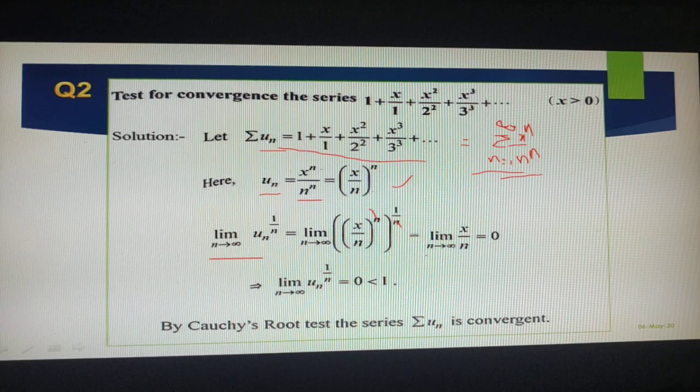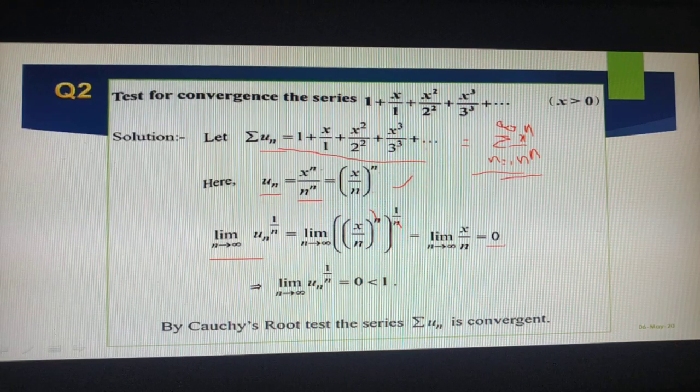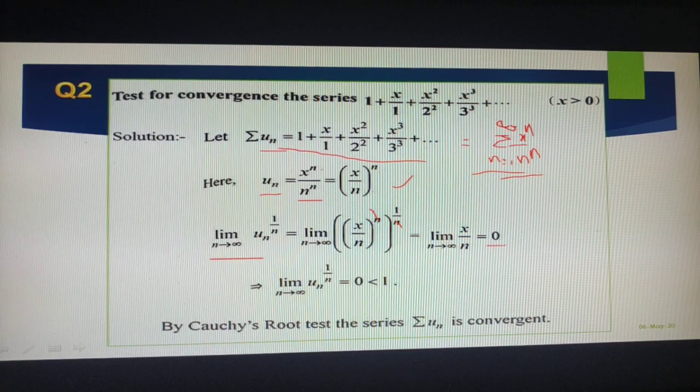Then what we have is limit n tends to infinity x by n. When n tends to infinity, x by infinity becomes 0. Any value divided by infinity is going to be 0, isn't it? Right.